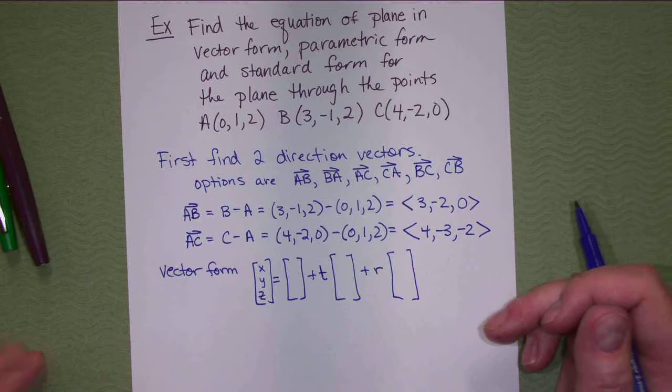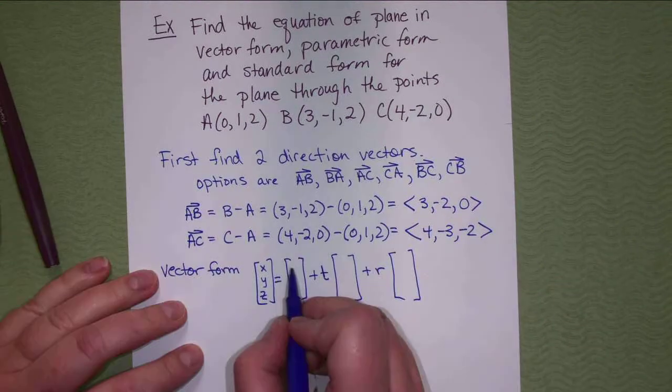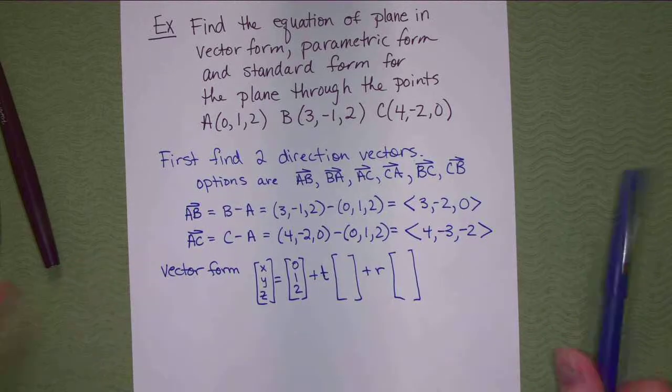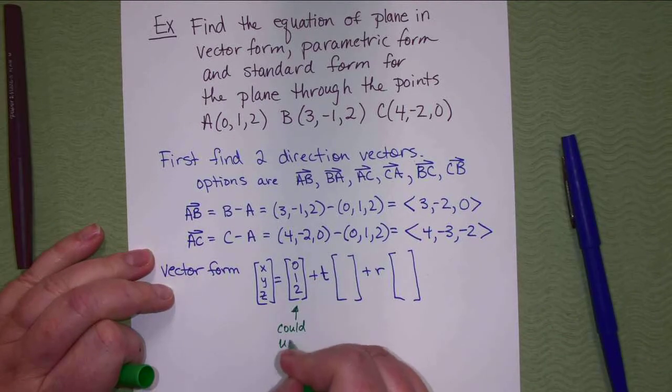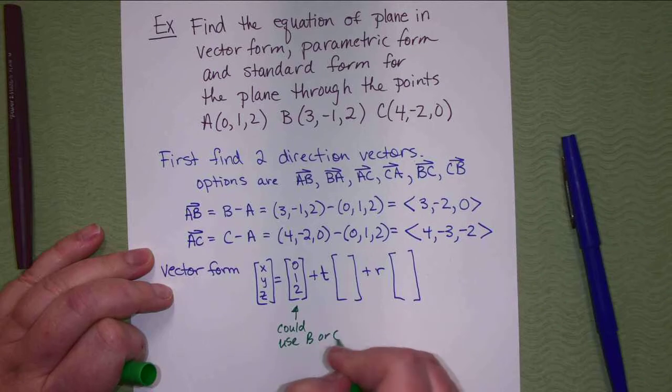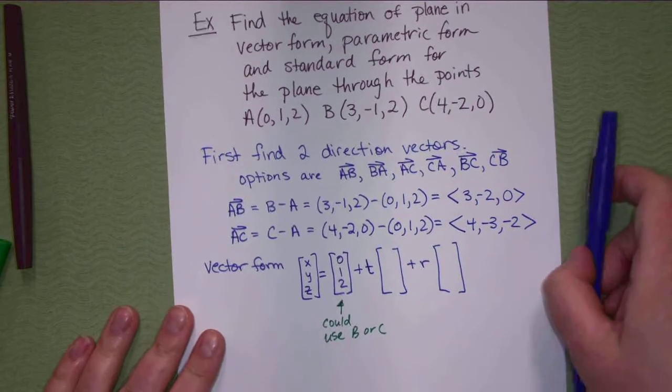So what goes here is a point. So which point do we want to use? A. Okay. And then I usually say, could use B or C, right? And that's what I usually do on my solutions. It doesn't matter which point. And then your directions.